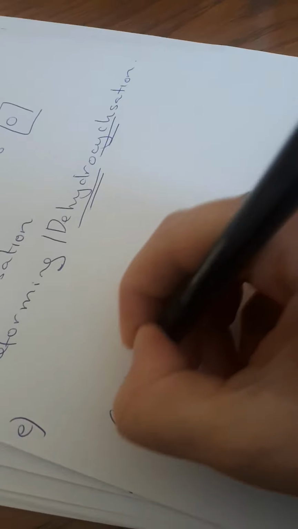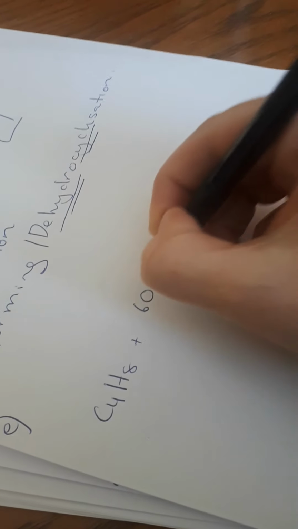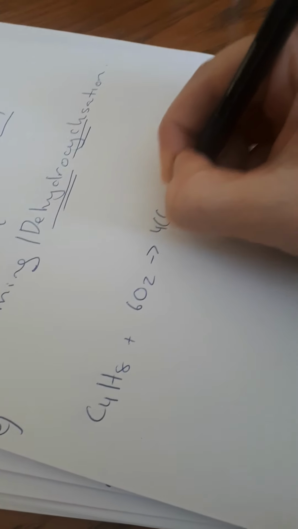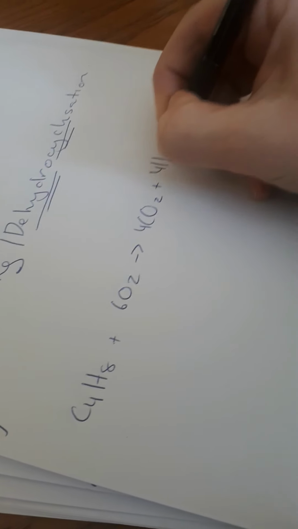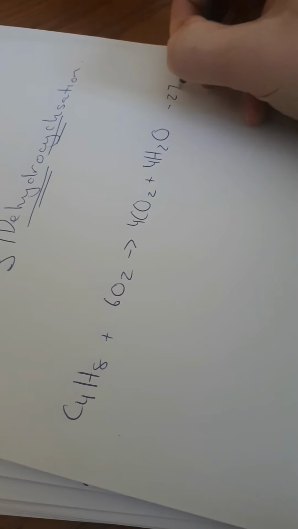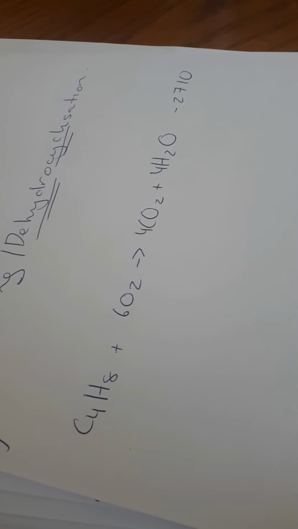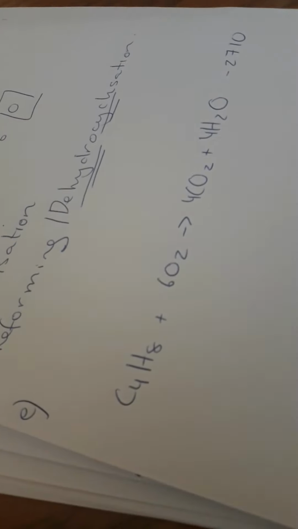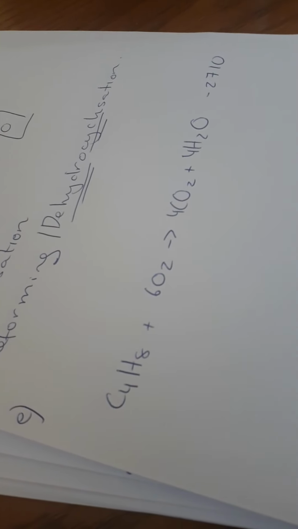Part E then, the combustion of one of the C4H8 isomers is described by the following balanced equation. So I have C4H8 plus 6O2, and that goes to 4CO2 plus 4H2O, and my value there is minus 2,710. Now, this is actually the same as the ones I've done before, 2015, 2012.